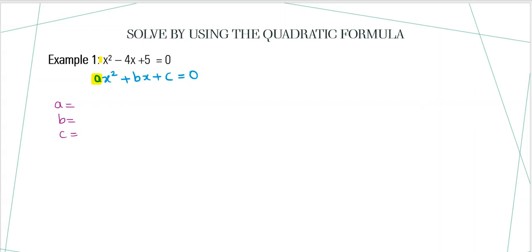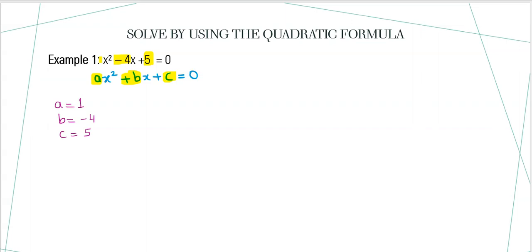With x power 2, we don't have any number, so the coefficient is 1. Similarly, b is the coefficient of x and it is with the positive sign. So the coefficient of x is here minus 4, so the value of b is minus 4. Then the constant term without any x is c with the positive sign. So here it is 5. So in this case, we get the value of a, b and c as 1, minus 4 and 5.